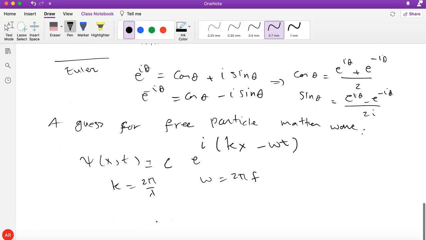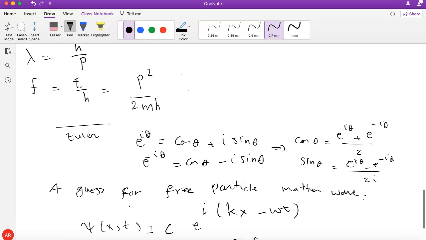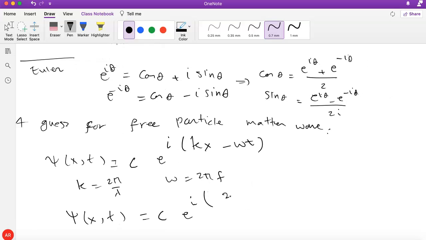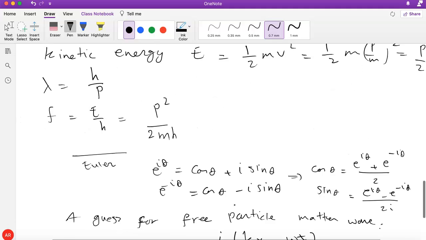So if I insert these expressions for the de Broglie wavelength and the de Broglie frequency into this, a good guess for the free particle matter wave would be something like this. And then this is 2 pi over lambda.